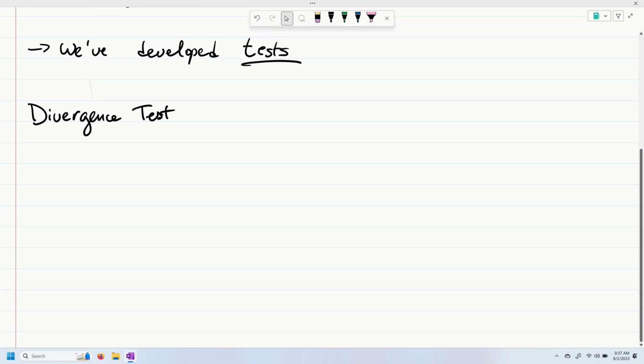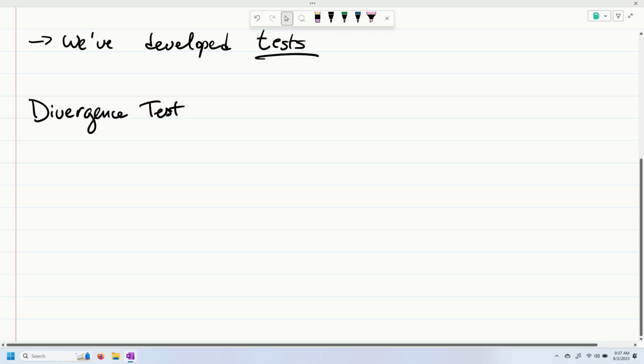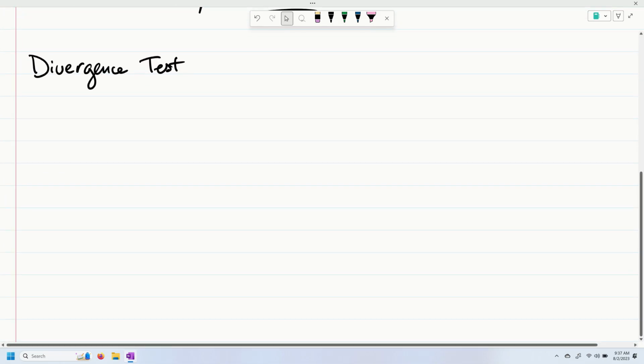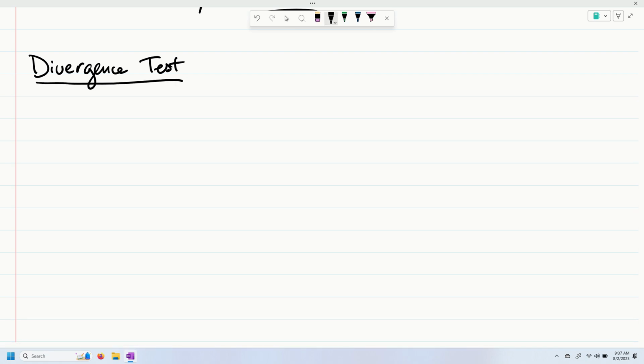This should be one of the first tests that you always try to use because it's number one, it's easy, and number two, if you can demonstrate that the series diverges, you don't have to do anything else.